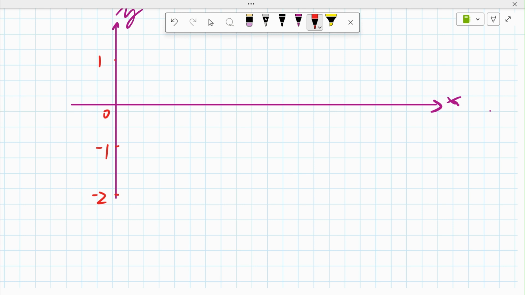So that's what we need for y. Because it's a positive cosine, we can start from 0, 1. Good. And we're going to mark pi on 6, 5 pi on 6, 7 pi on 6, and 11 pi on 6, and 2 pi at the end. Okay, perfect.